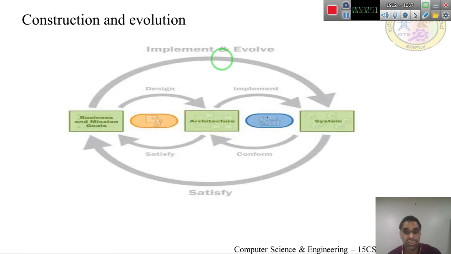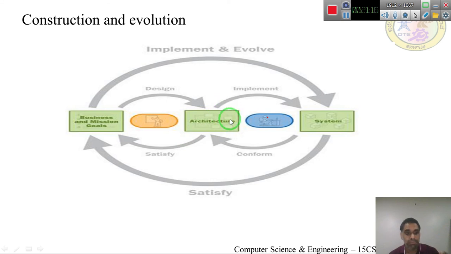So what construction and evolution tells you is, when we are given business and mission goals, we start first. What is the first phase? We have to understand the business requirement from the customer side, right? Then we start designing the architecture such that the architecture will partition the system into parts.